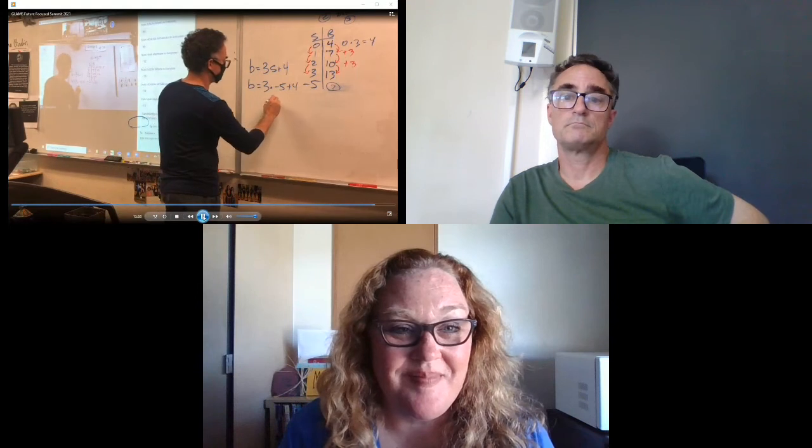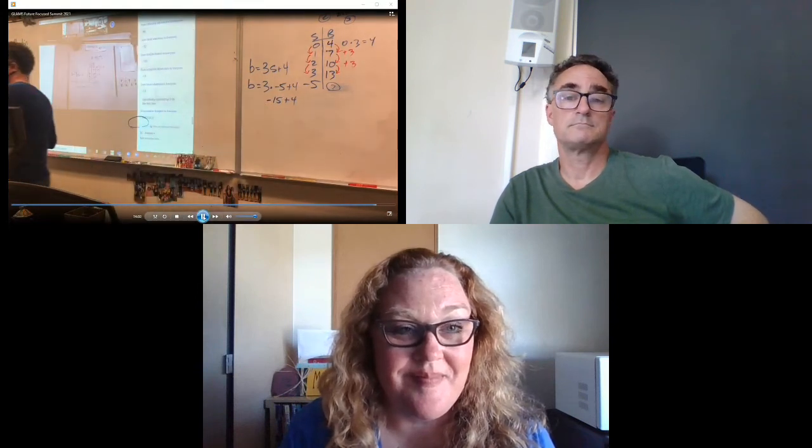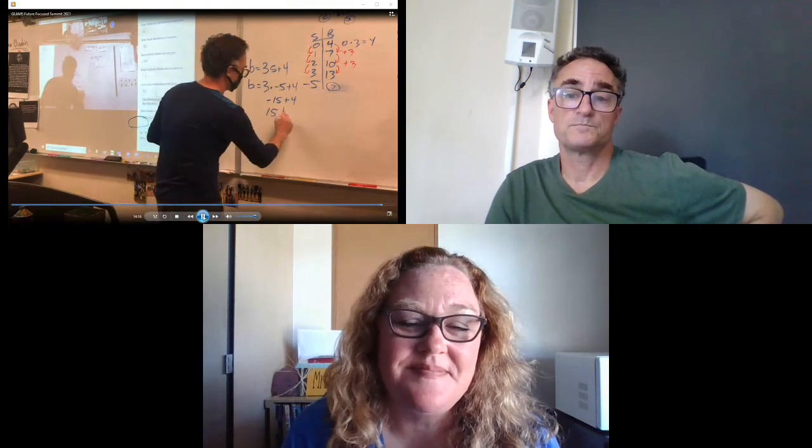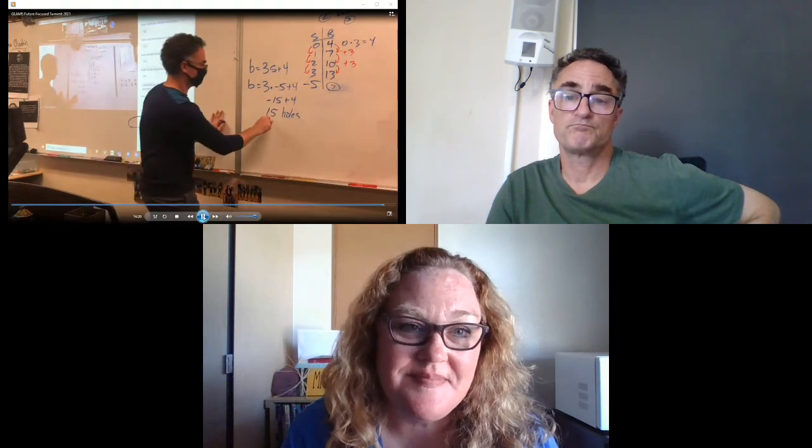Okay, so -15. Oh, here's the tricky part. -15 plus 4. Doesn't your brain just want to say that's -19? Nope. But think of this as, is this piece piles or holes? The 15. 15 holes. And is the 4 piles or holes? 4 piles.